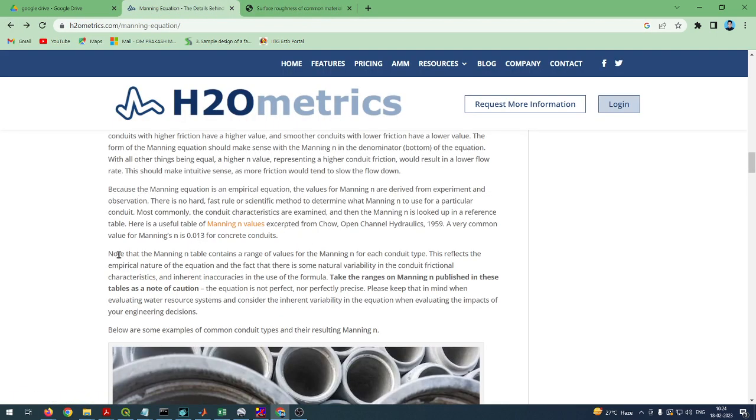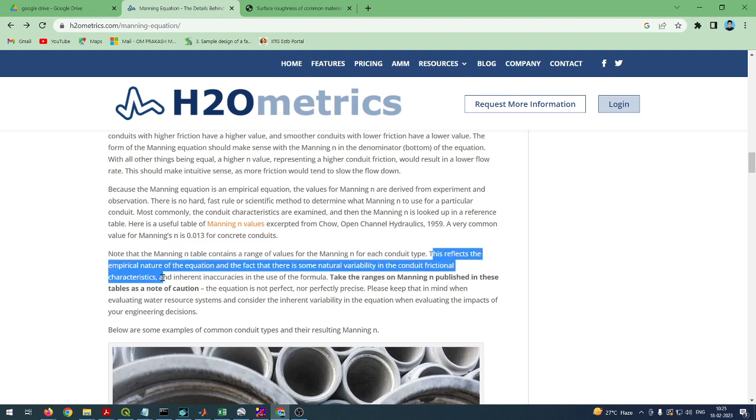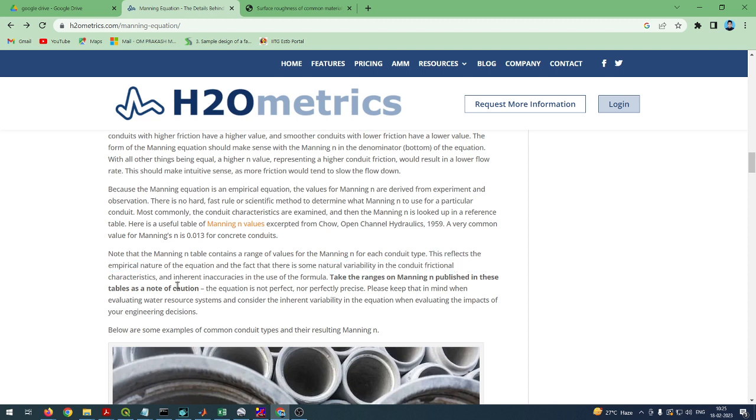Note that the Manning n table contains a range of values of Manning n for each conduit type. This reflects the empirical nature of the equation, the fact that there is some natural variability in the conduit frictional characteristics, and the inherent inaccuracy in the use of the formula.